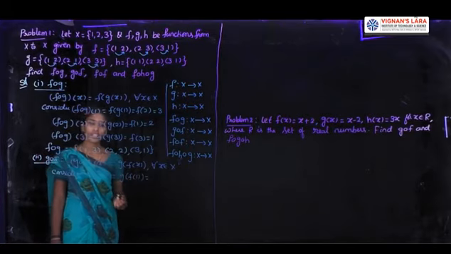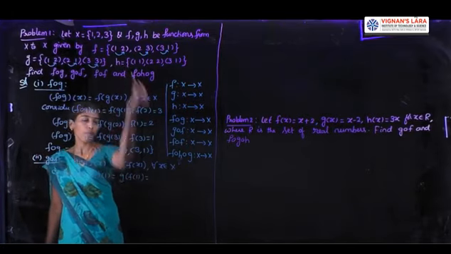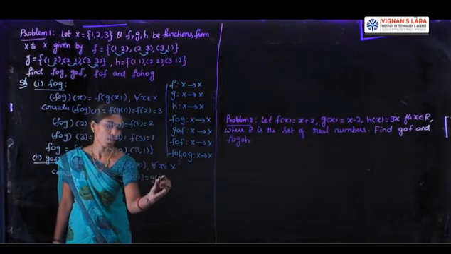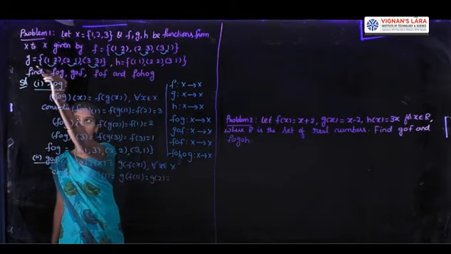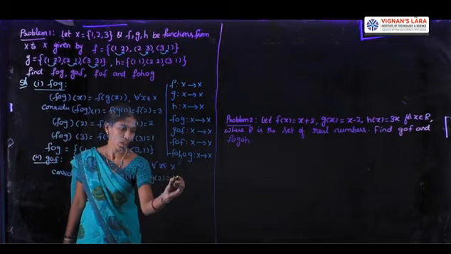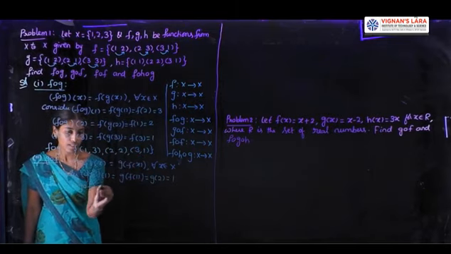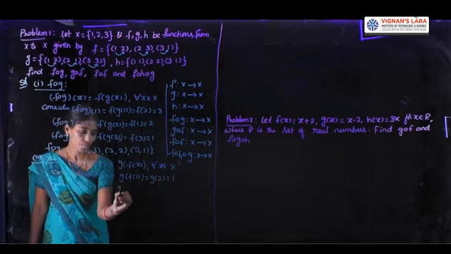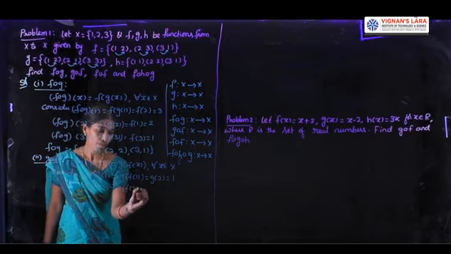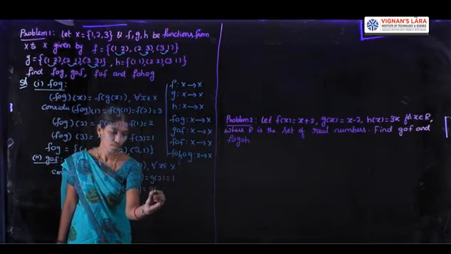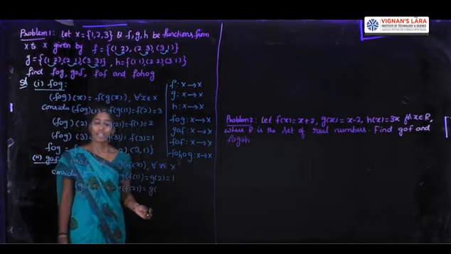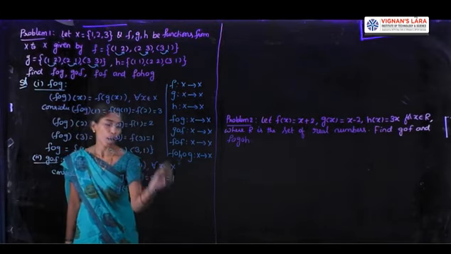Under the relation F, 1 is mapped to 2, so we get G of 2. Under the relation G, 2 is mapped to 1. The next element of set X is 2: G circle F of 2, G of F of 2. Under the relation F, 2 is mapped to 3.